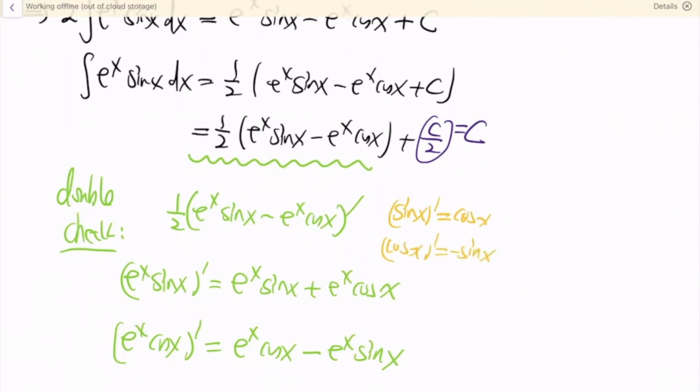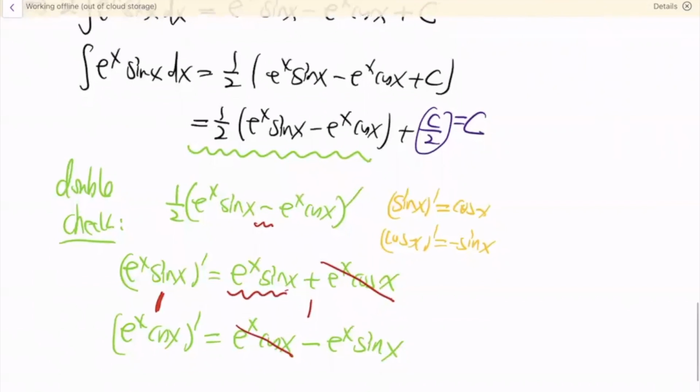Then if you take the difference, this term cancels with this one, so they cancel each other. What you are left with is two copies of e^x sine x.